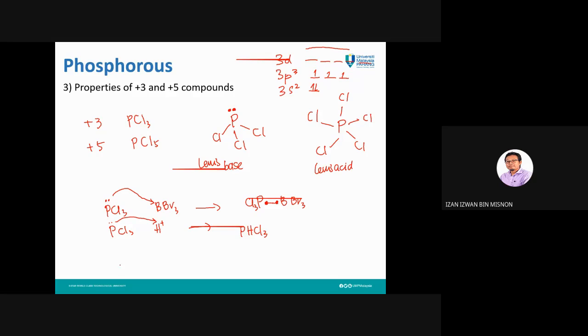So for example, we have PCl5, and in reaction with a chloride ion, it can become PCl6 with a negative charge.